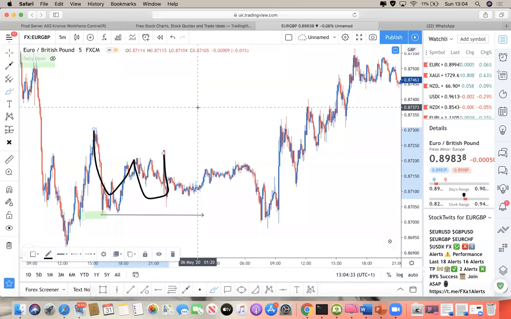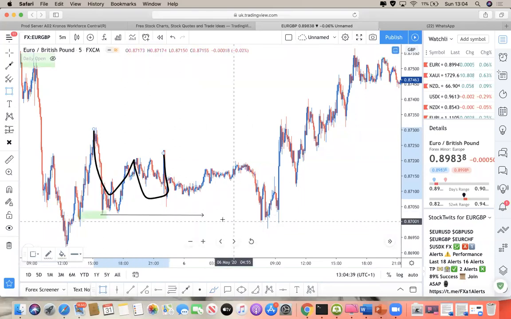I believe we can see the W right there. And look at the way smart money came into the market right here.